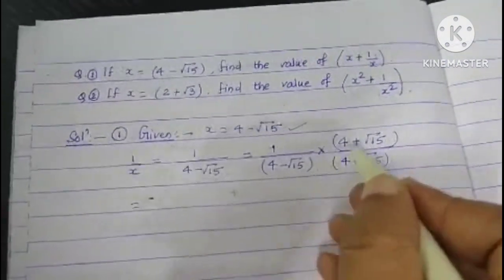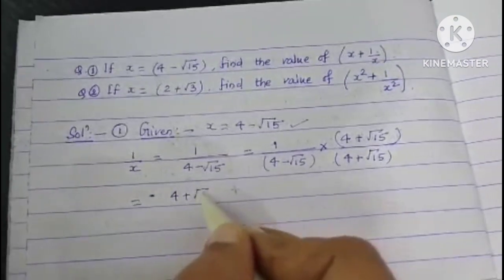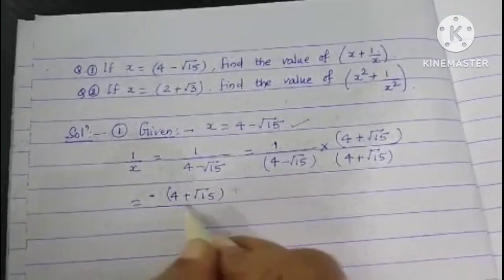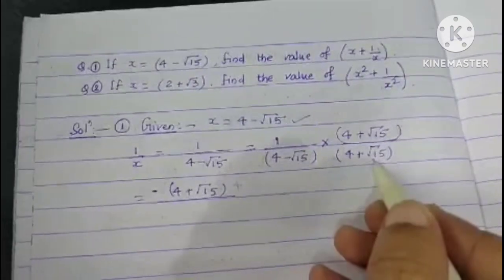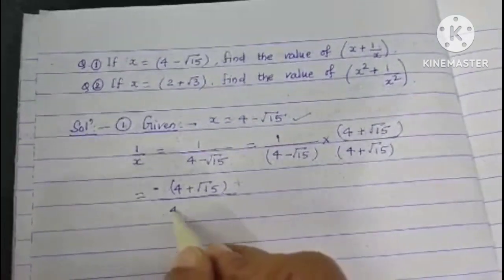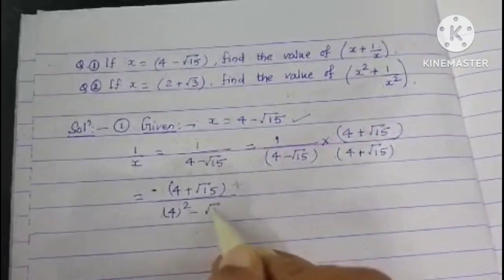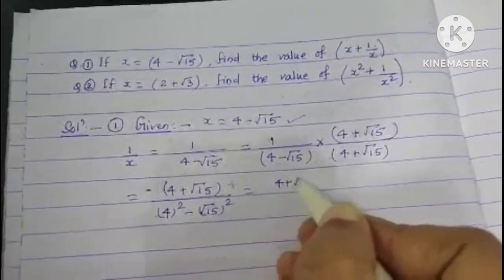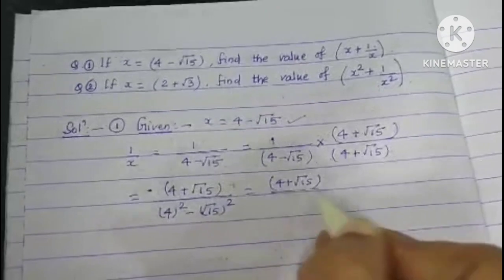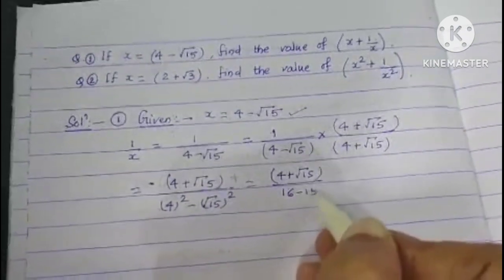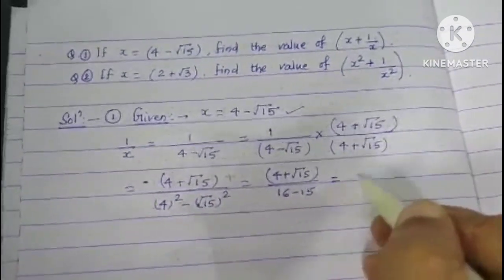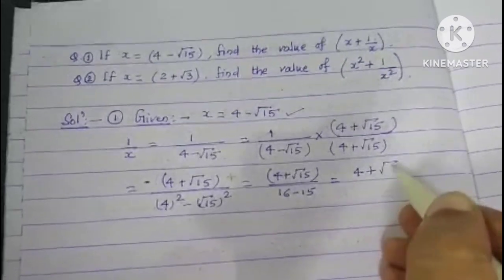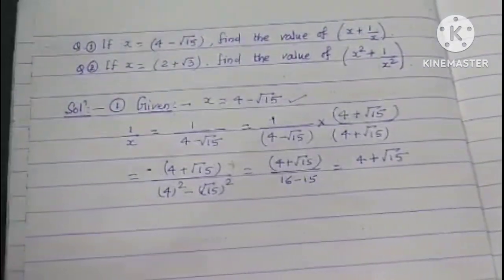So in the numerator 4 plus root 15, and in the denominator a minus b into a plus b, so a square minus b square. So 4 plus root 15 divided by 16 minus 15. This will come 1, so we can directly write it 4 plus root 15.